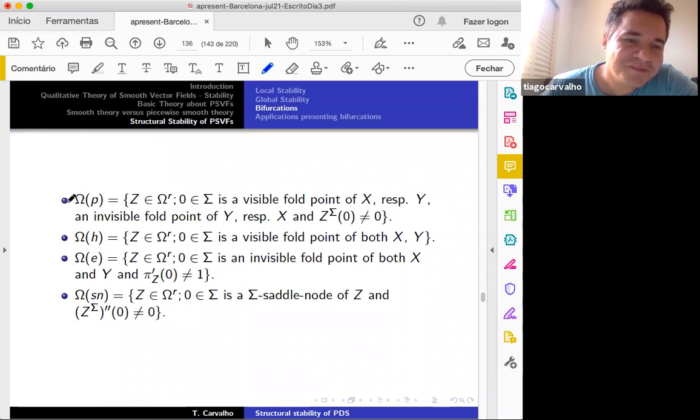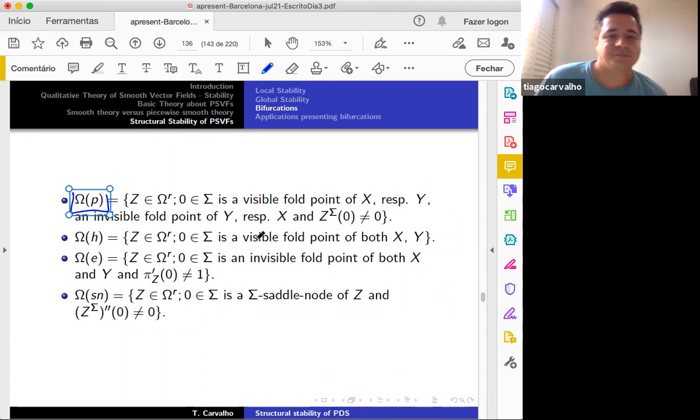Okay, the set omega p is the set where x has a visible fold point at the origin and y has an invisible fold point. It's like a thing like this.